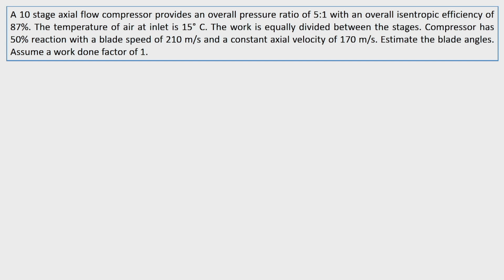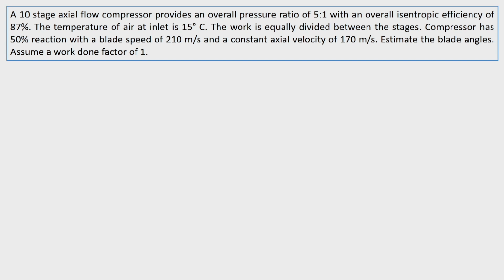The temperature of air at inlet is 15 degrees Celsius. Work is equally divided between the stages. Compressor has 50% reaction with a blade speed of 210 meter per second and constant axial velocity of 170 meter per second. Estimate blade angles.